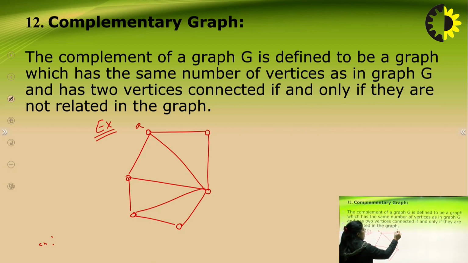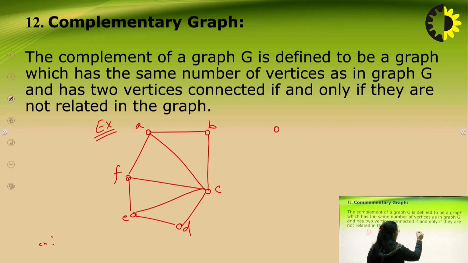Then the complement of this graph must contain all these 6 vertices first of all.